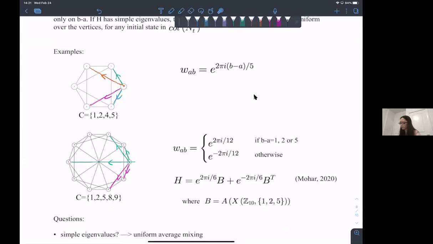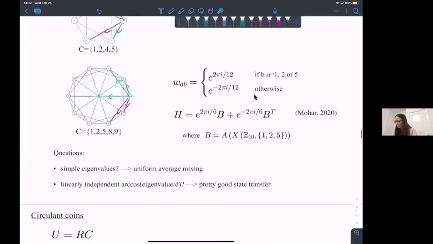Now it turns out that if you do that, then the H matrix is actually something that has been studied by Bo, Yamo, and Ha last year. And for this particular graph, this Hermitian matrix does have simple eigenvalues. So, by choosing a different coin, we sort of engineer uniform average mixing on these graphs.